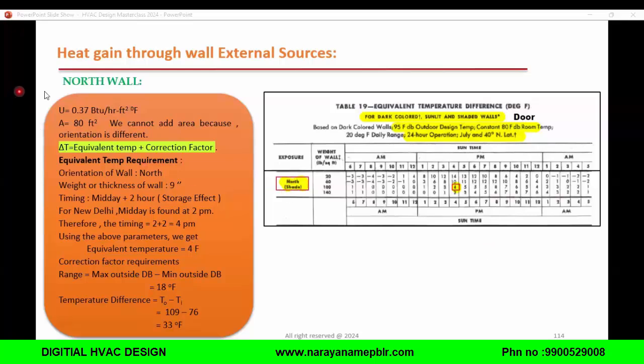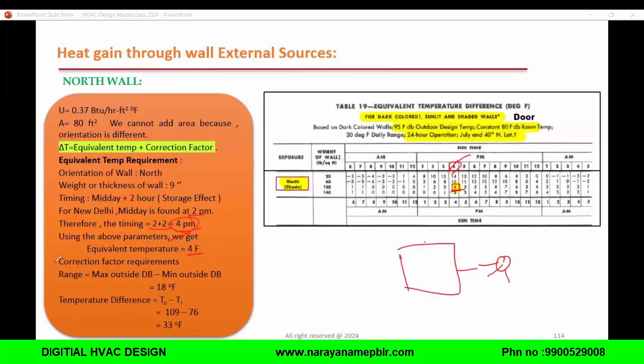If we draw any space, the timing will be like 4 p.m. We will take the timing as 4, so at 4 you will get the equivalent temperature. Generally, midday plus 2 hours you have to consider for the timing.